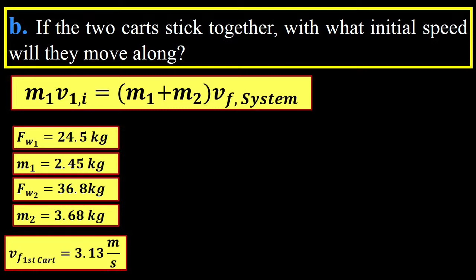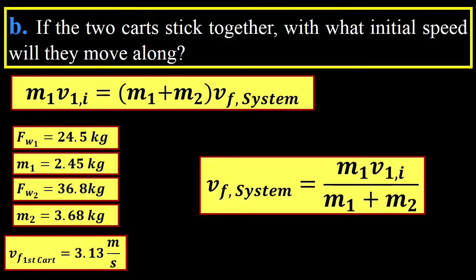So we know what V1I is, that's 3.13. We know what M1 is, that's 2.45. Divide through by the sum of the masses, and you get the final velocity of the system.